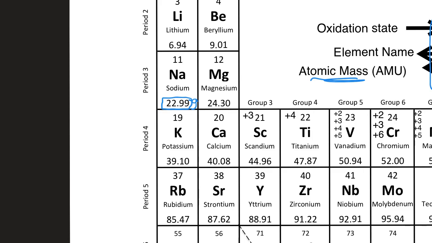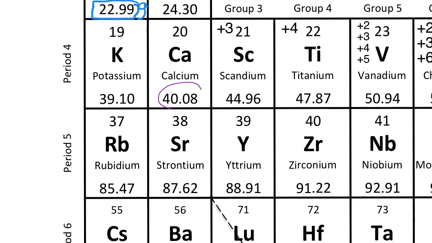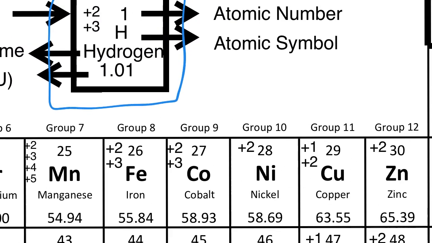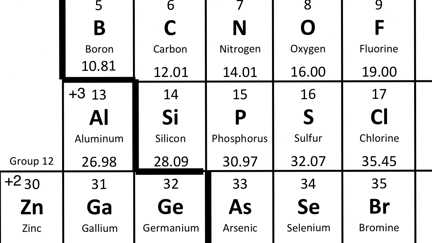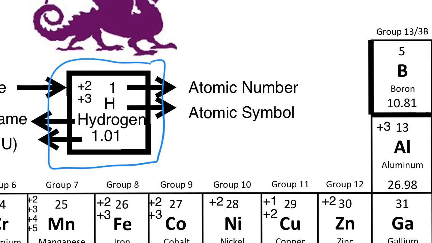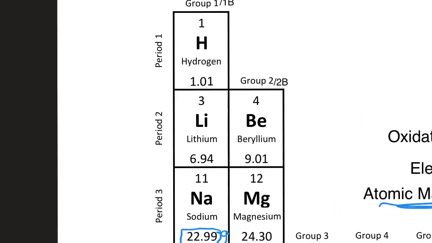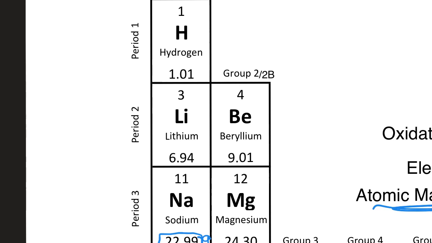So the first one I'm going to look for is calcium. There's calcium, 40.8. There's nitrogen, 14.01. It's right there at 16. The table is right here, 12.01. It's way over here to this side, 1.01. Here we go. Periodic table.